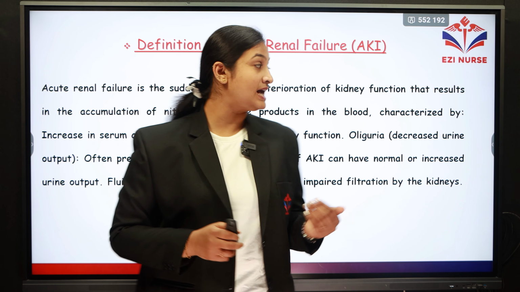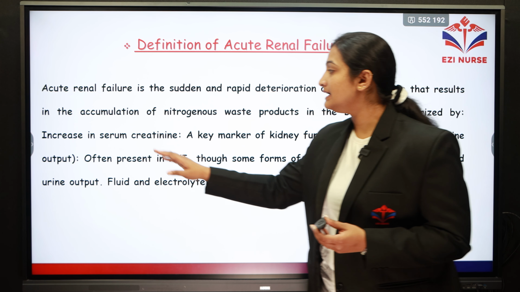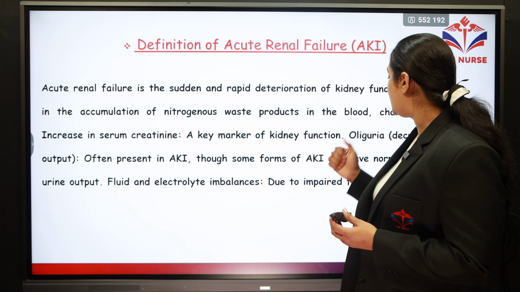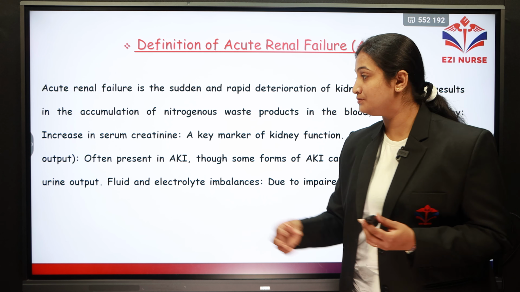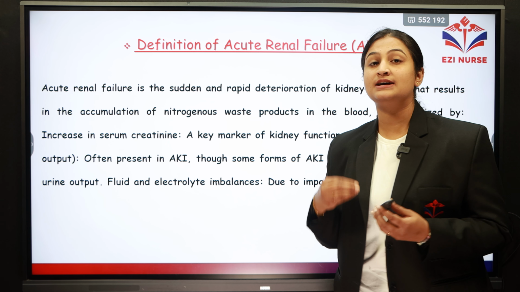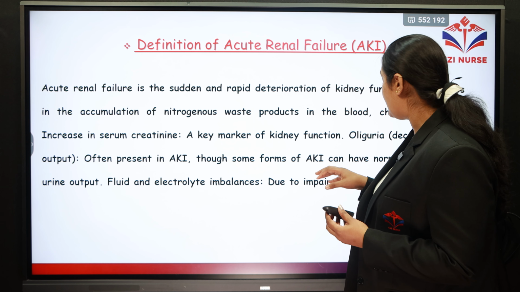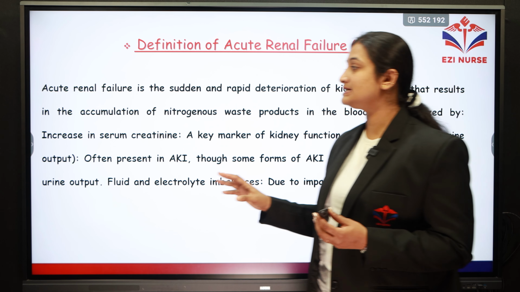It is also characterized by an increase in serum creatinine, a key marker of kidney function, and oliguria, a decrease in urine output, which is often present in acute kidney injury, though some forms can have a normal urine output. So this is a small definition.